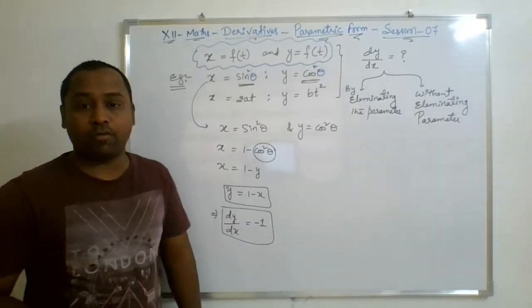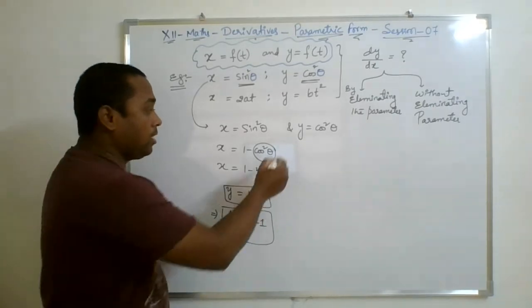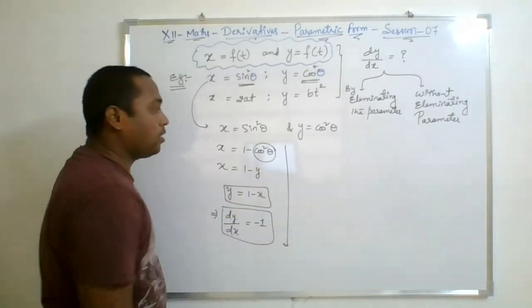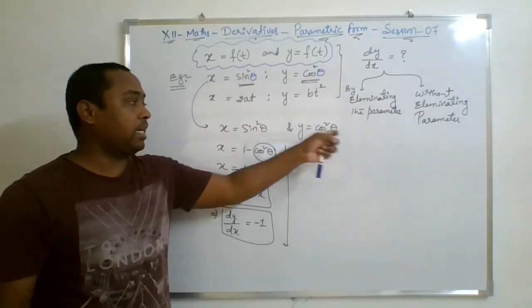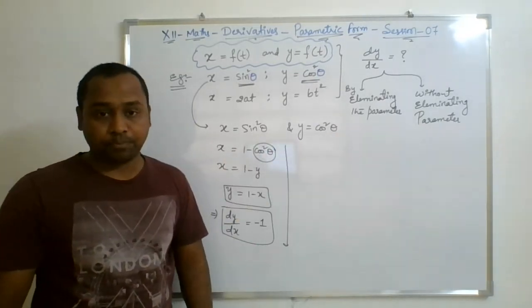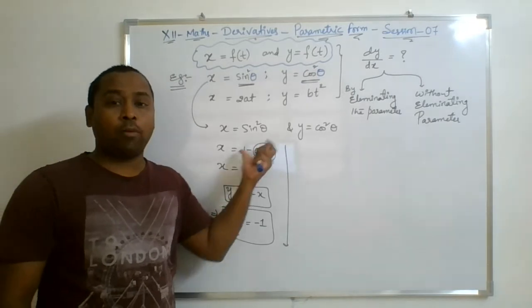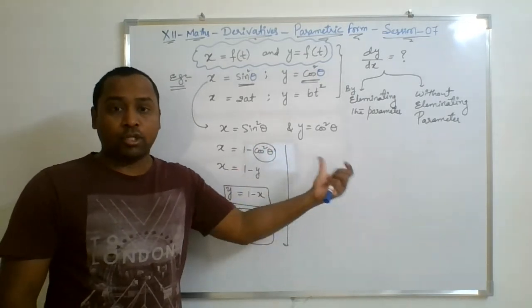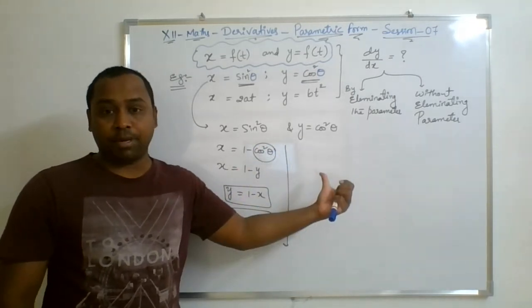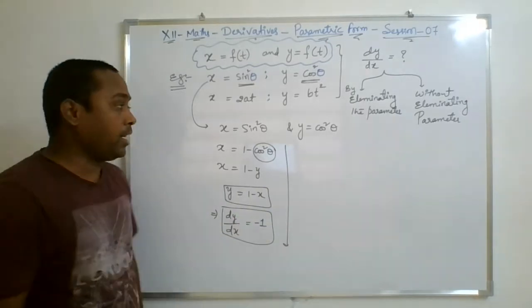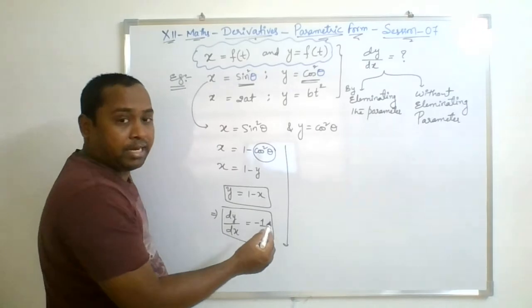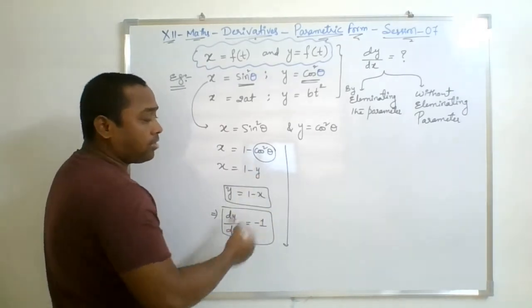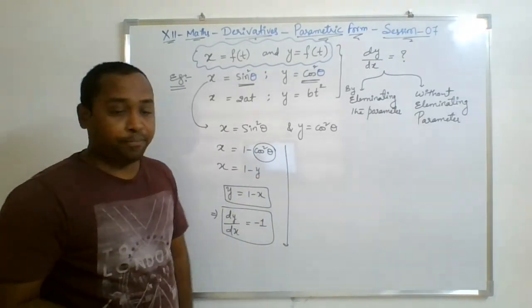The derivative of this function is minus 1. So this is one of the ways to get dy by dx, simply by eliminating the third variable, the parameter, that is a common variable through which x and y can be related. The parameter can be eliminated by the substitution method.